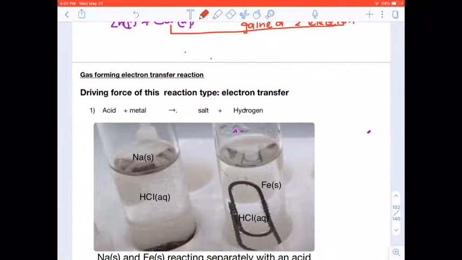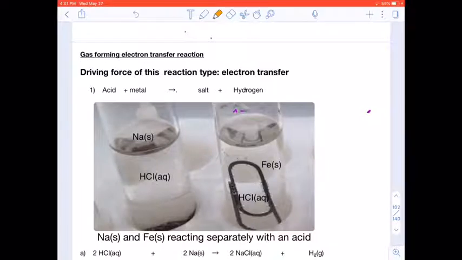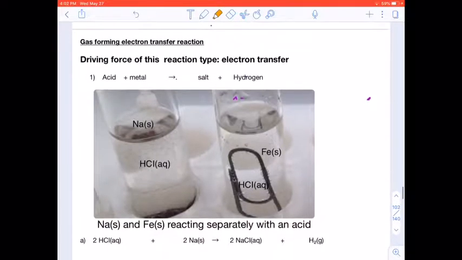Right, now let's look at gas forming electron transfer reactions. Remember, earlier we had gas forming with carbonates, and that wasn't an electron transfer reaction, that's an ion exchange reaction. Here, we also have a gas forming reaction, but it's essentially an electron transfer reaction.